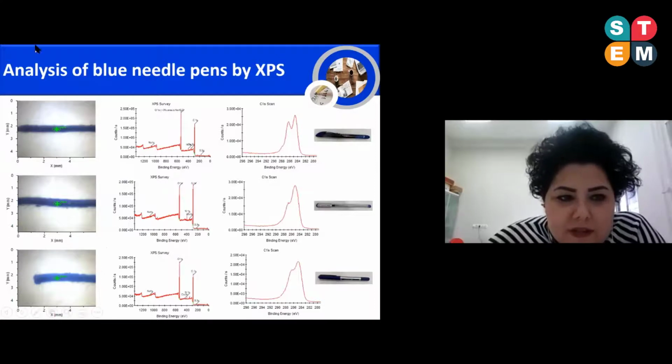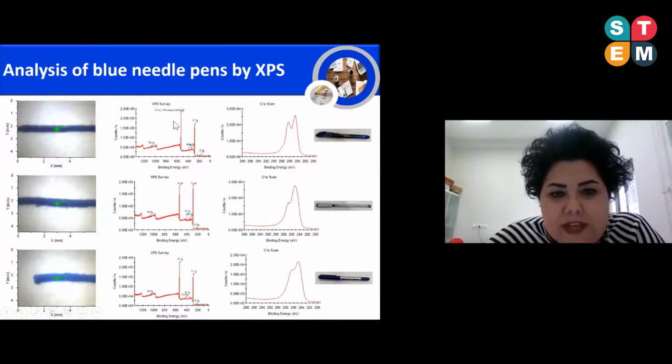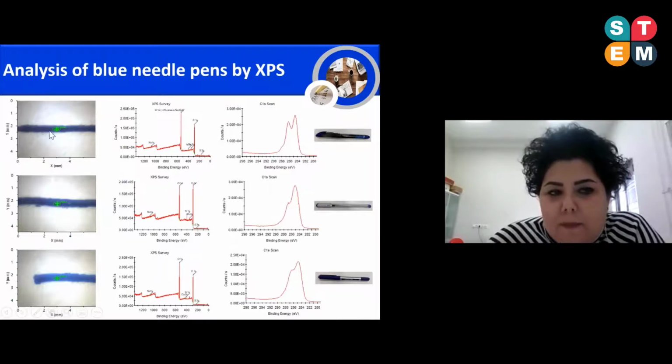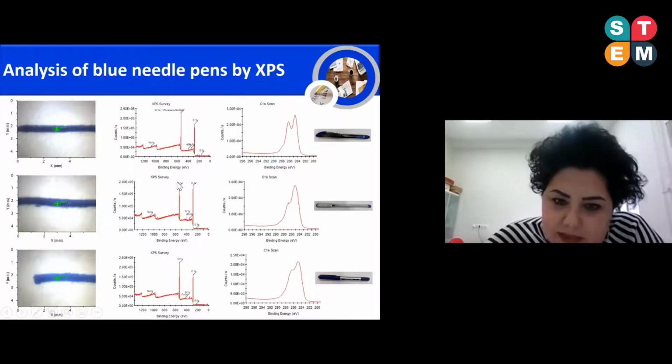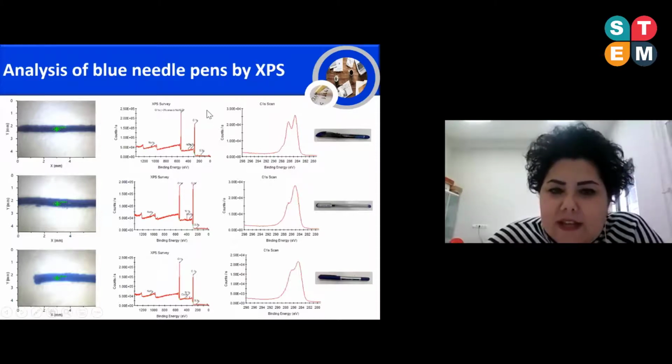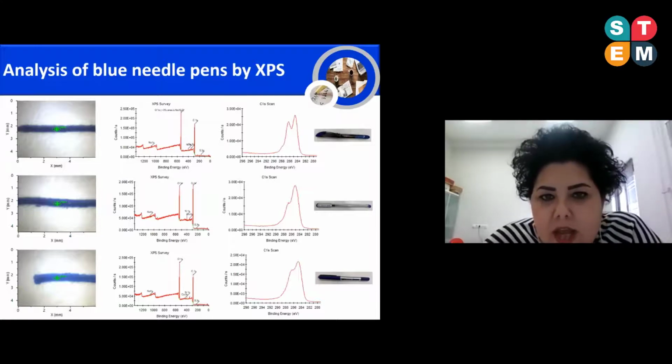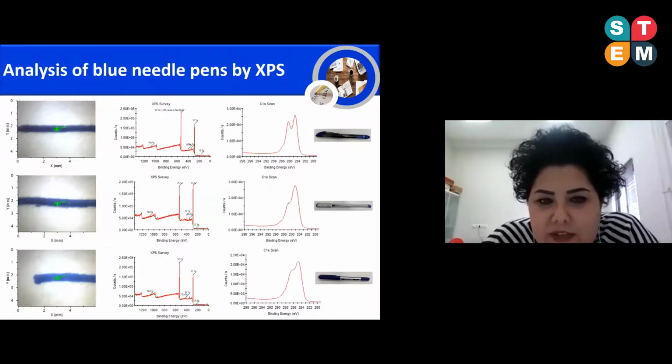And here you see we have made point analysis from each of them, and we get a survey spectrum, which means what elements are present in this point sample area. More or less, based on the background signals and the signals that come from the ink, we have carbon, nitrogen, sulfur, calcium, and sodium in our samples.